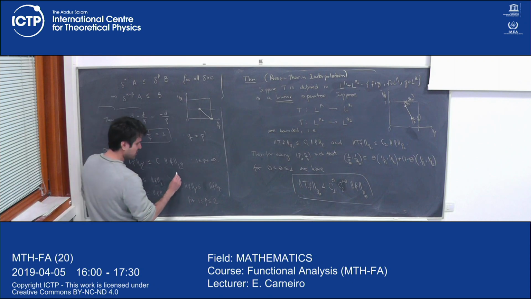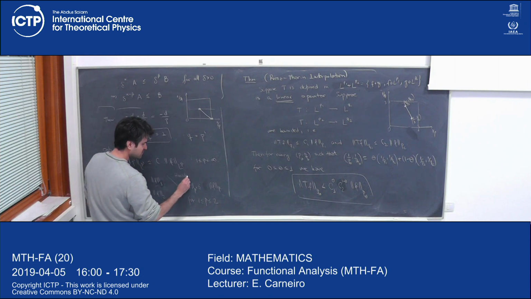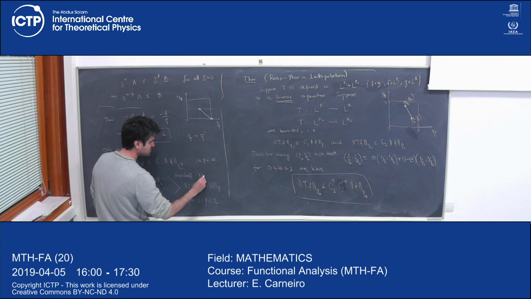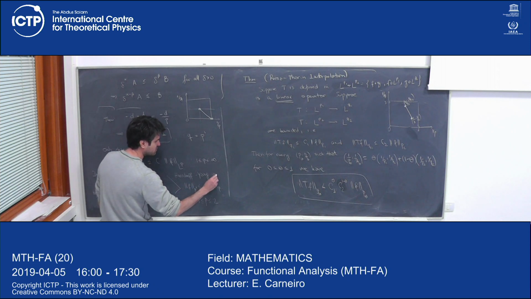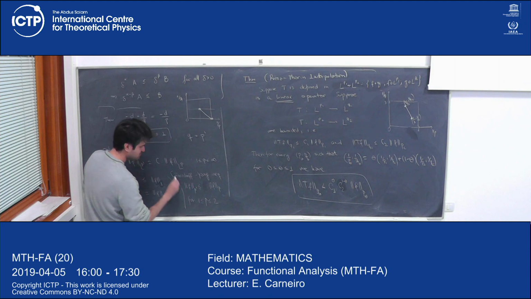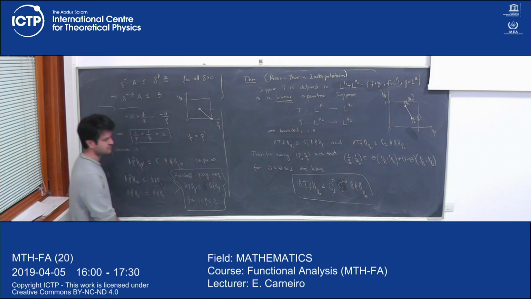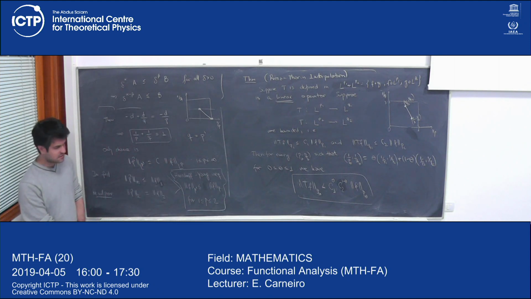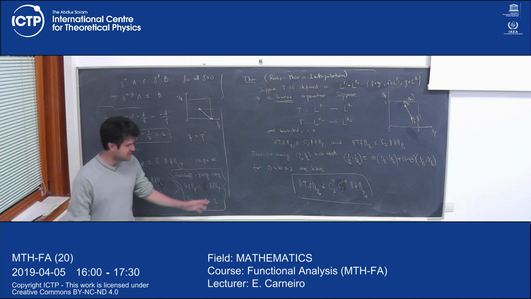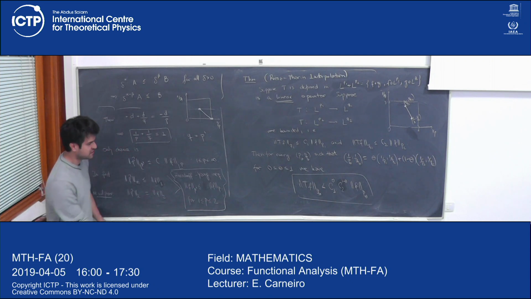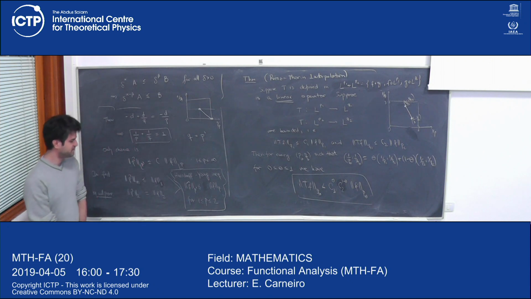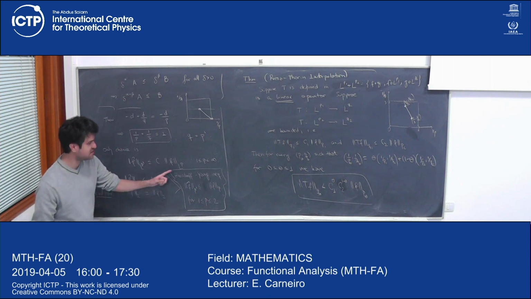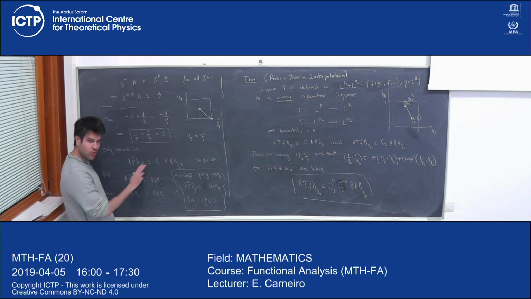This is called the Hausdorff-Young inequality. The LP prime norm of the Fourier transform is bounded by the LP norm of the function, for p between 1 and 2. We already knew that the inequality could only hold if p and p prime were in these positions.